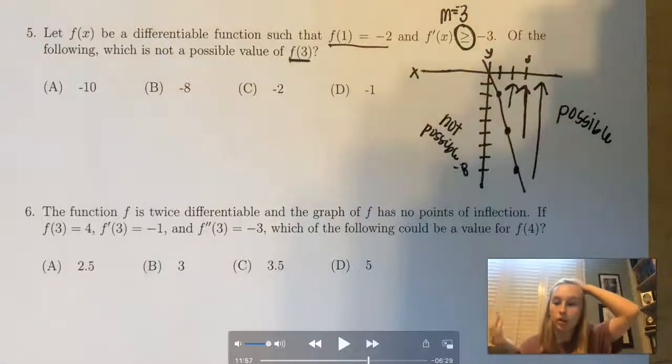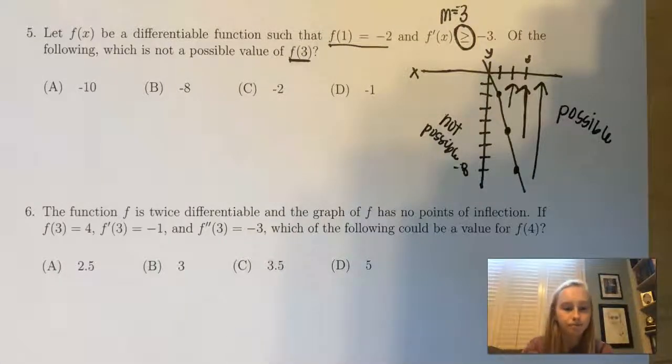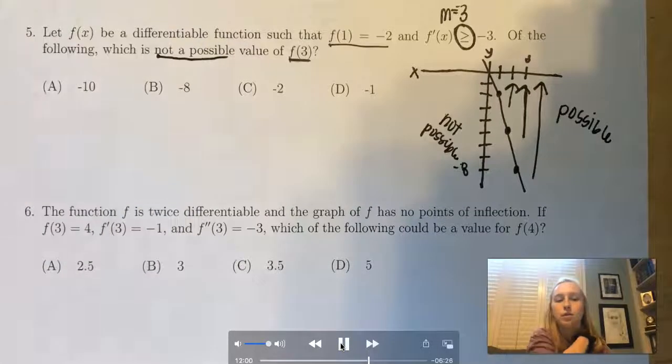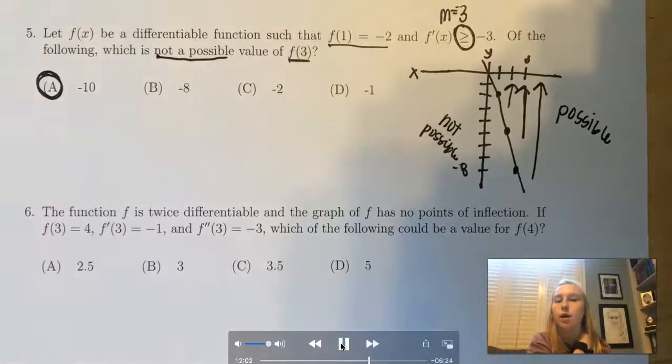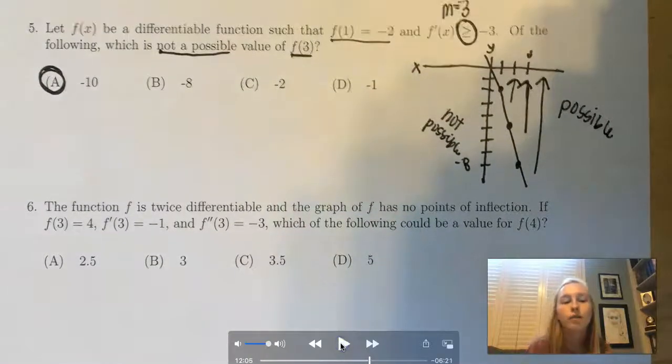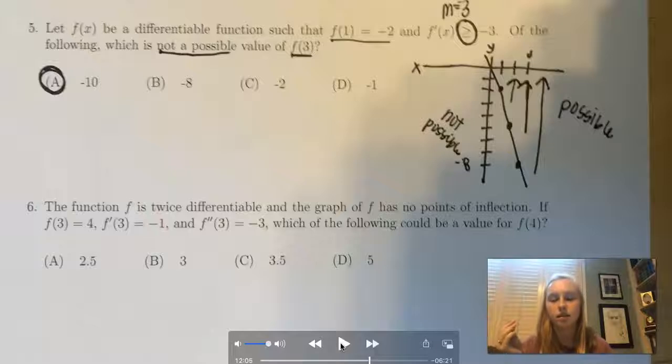Because the slope's greater than -3. So as you can see, all of these values, -8, -2, and -1 are possible, and the only one that is greater, so we're looking for a value that's greater than -8, right? -8 is kind of the bookend of all the possible values, and the only one that is greater or less than -8 is -10.